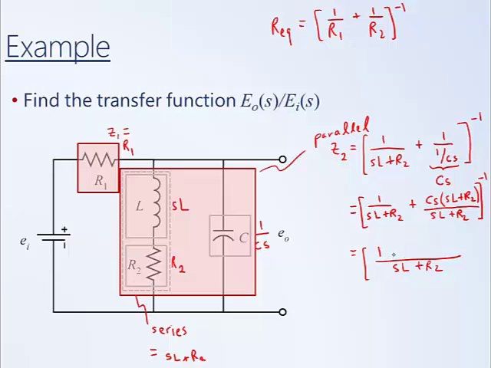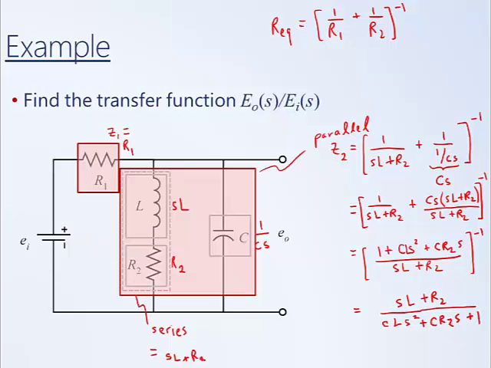The numerator is 1 plus, if I go ahead and distribute, I get C L S squared plus C R2 S. And then if I invert that, I get that Z2 is equal to SL plus R2 divided by CL S squared plus C R2 S plus 1.